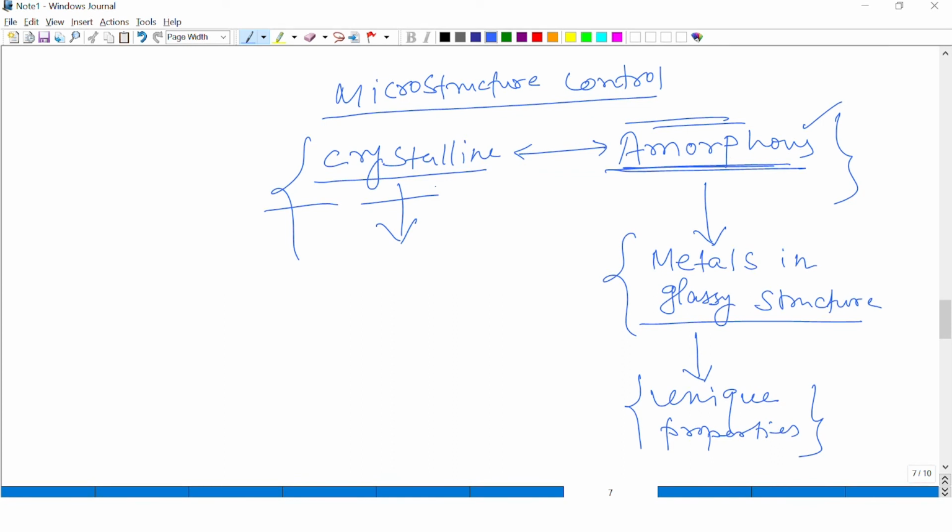Because this kind of amorphous metals can have very unique properties.